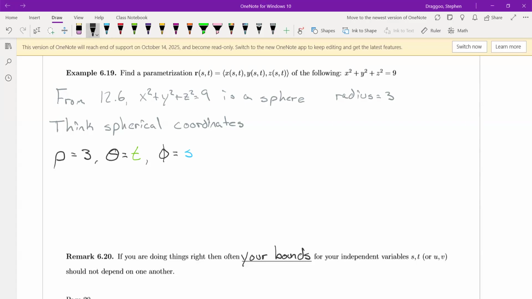So if I just jump over to those spherical equations, x I know is rho sine phi cosine theta. Y is rho sine phi times sine theta, and z is rho cosine phi.